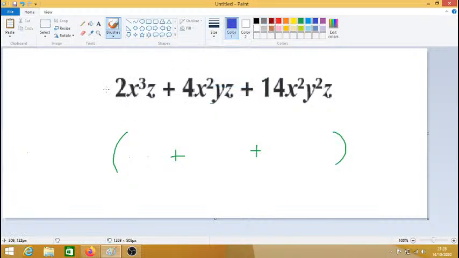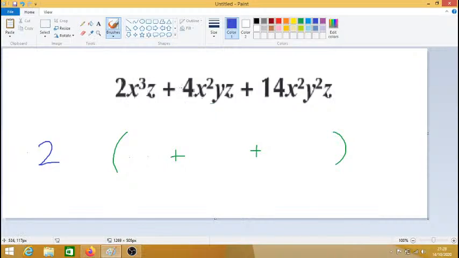Okay, let's start. We have a couple of numbers to look at, the 2, the 4, the 14. Common factor there that we can pull out is 2. Looking at the next letter that's coming in each one, we've got an x.